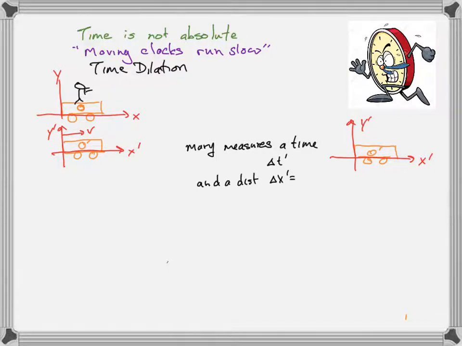The question is, what does Mary measure for a time, and what does Mary measure for a distance, according to her coordinate reference frame? How far has Mary moved relative to her coordinate reference frame? That's delta x prime. And how much time did it take Mary to go from her initial position on the left to her final position on the right?